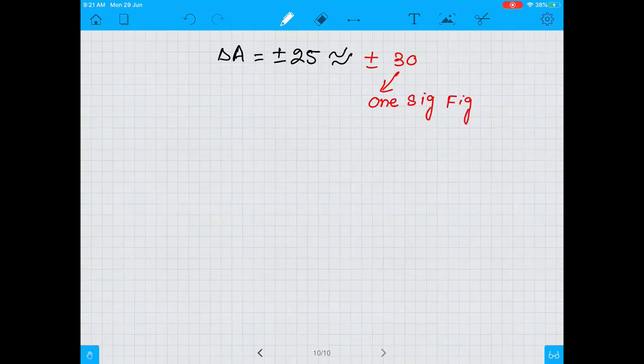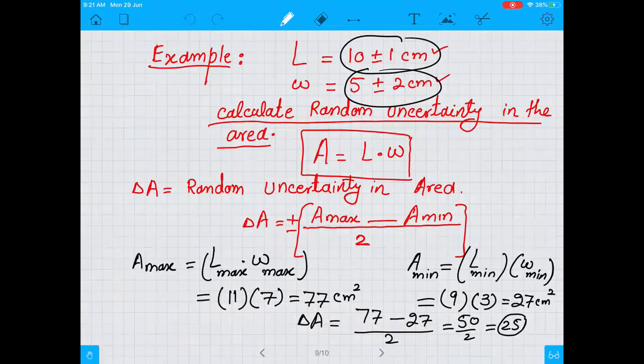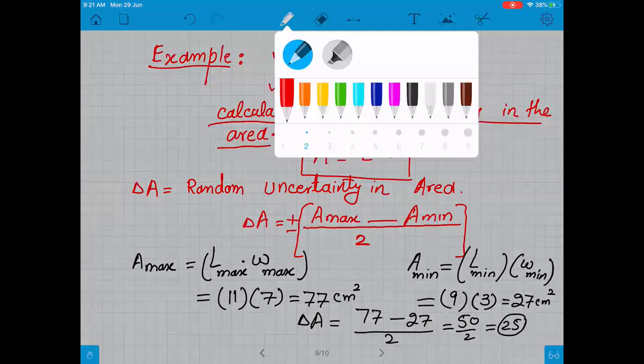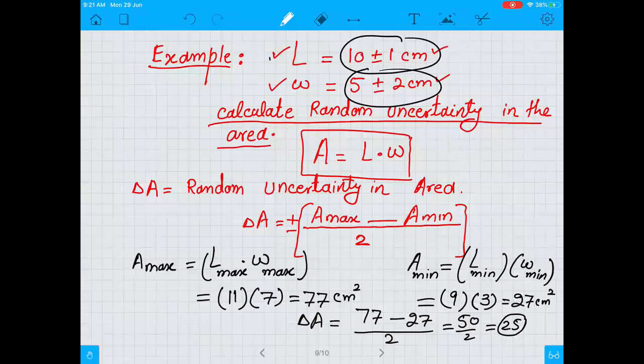Now in this example, as you see, two values were given. One of them was length and the other value was of width. The question was to calculate random uncertainty in area, that is the product of length and width. To calculate it, you need to calculate the maximum area, then the minimum area, then maximum minus minimum would be the range.